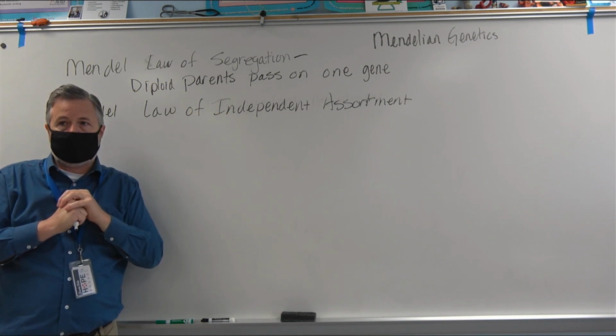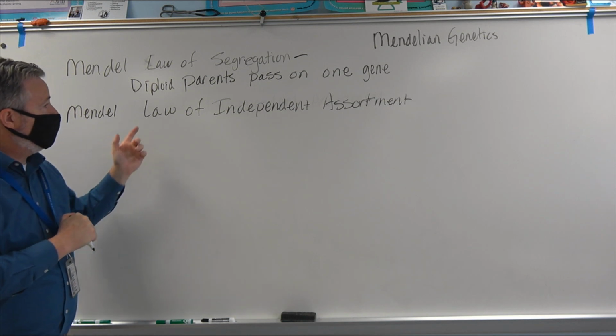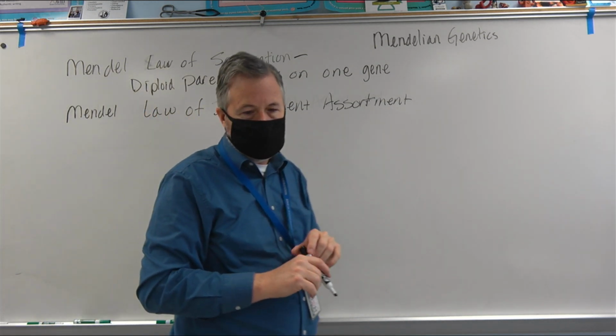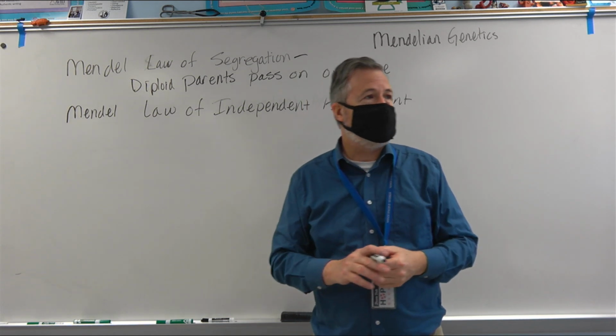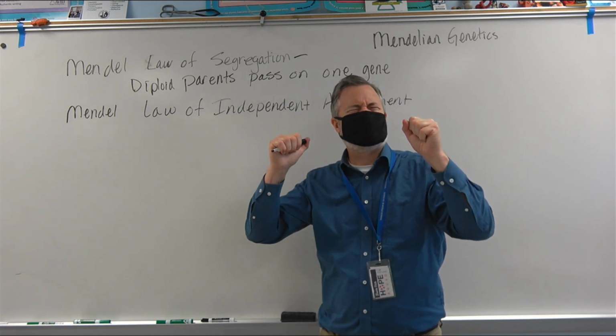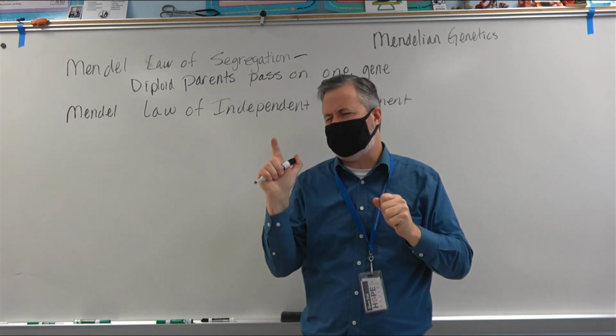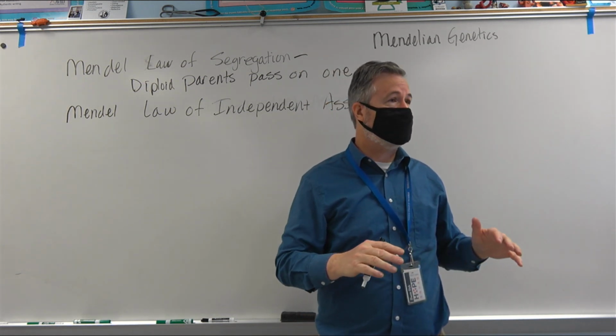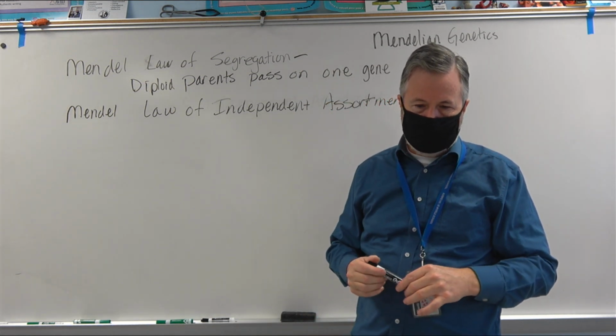So far, so good? And then the law of independent assortment basically says that as a parent, I don't sit there and go, okay, I want this gene to go here, and that it's all random. How they separate out is random.